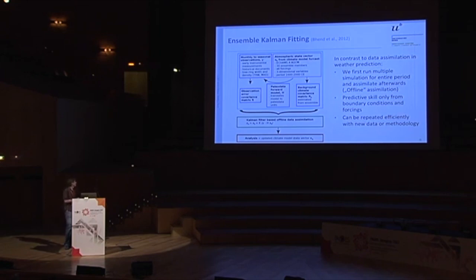We also calculate a covariance matrix of the observations, and then we can integrate all of that in this Kalman filter-like approach and calculate our analysis. And the great thing about having this offline assimilation is that we can repeat it very efficiently if new data sets become available.